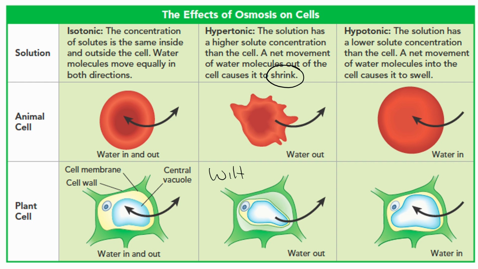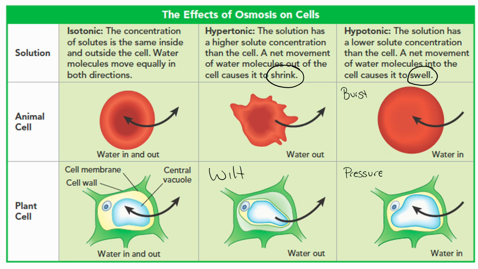Now, in a hypotonic solution, the solution has a lower solute concentration than the cell, and a net movement of water molecules into the cell causes it to swell. And again, this could actually cause the cell to burst in an animal cell, but it also creates pressure in order to support plant cells.